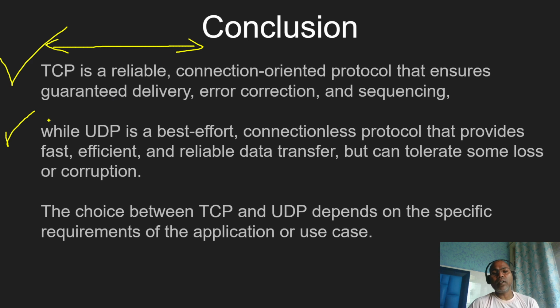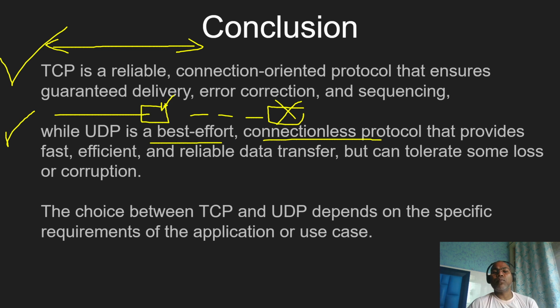But UDP is required where the data packet is only valuable at a particular time. After that time elapses, the data is useless, and there is no benefit. In those scenarios, UDP, a best-effort connectionless protocol, provides fast and efficient delivery and can tolerate some data being discarded.